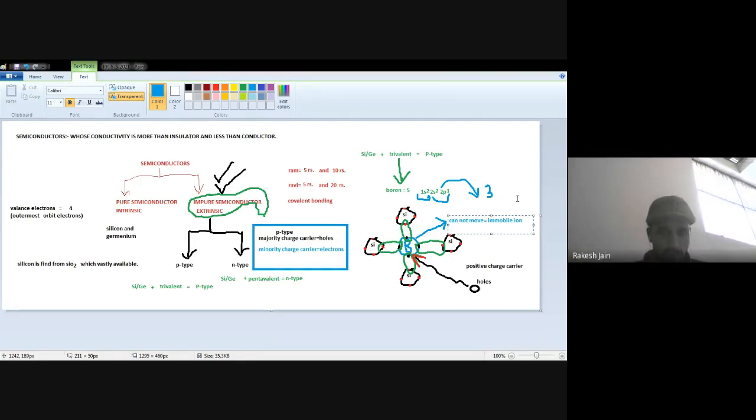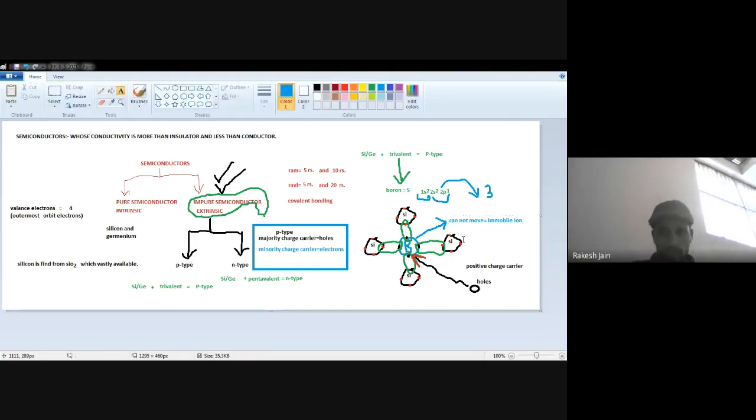To make the covalent bond, it uses an electron. Previously the outermost orbit had only 3 electrons in the original boron form, so net positivity was equal to net negativity.